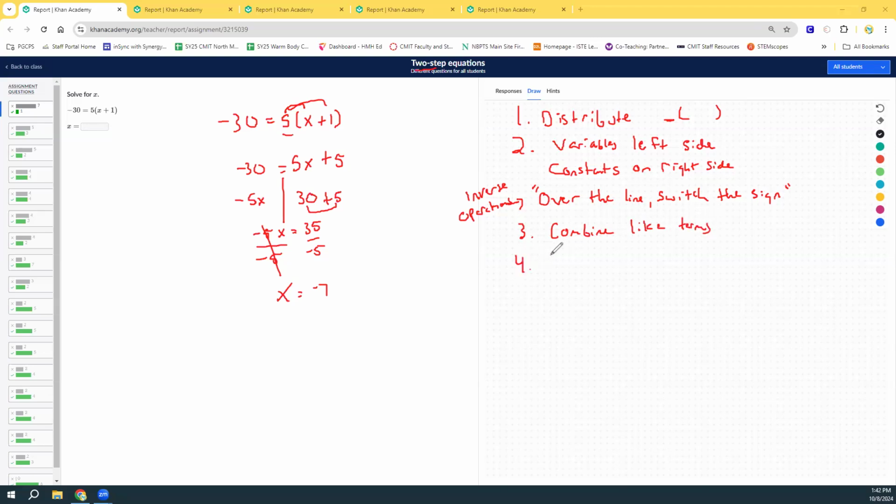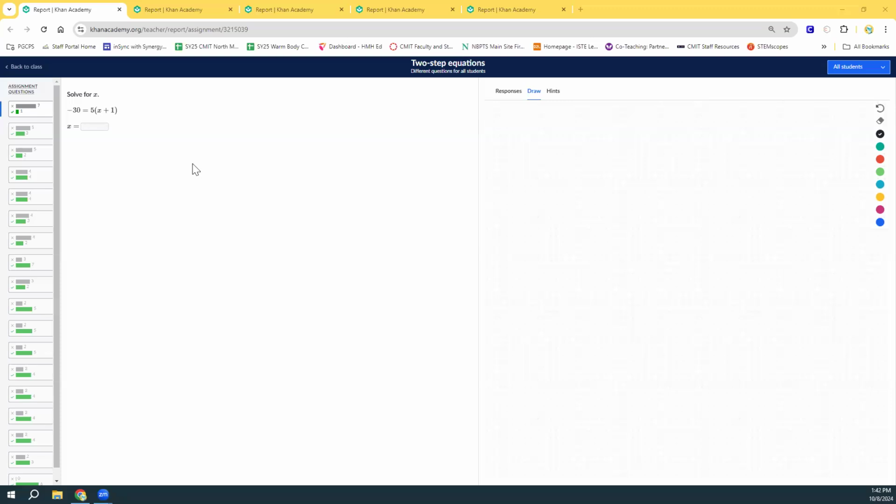And then solve the remaining one-step equation. Right, so you'll see that no matter what they give us, you can write down those steps, and I'm gonna clear it. Let's see what else we have.